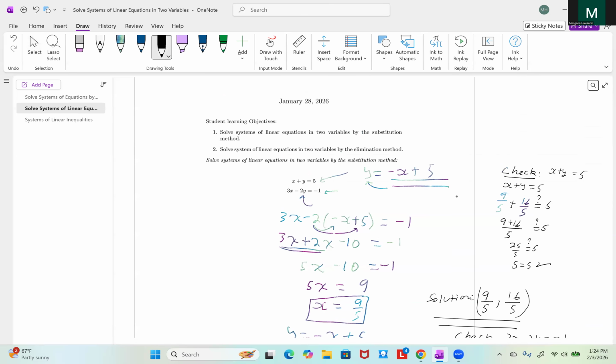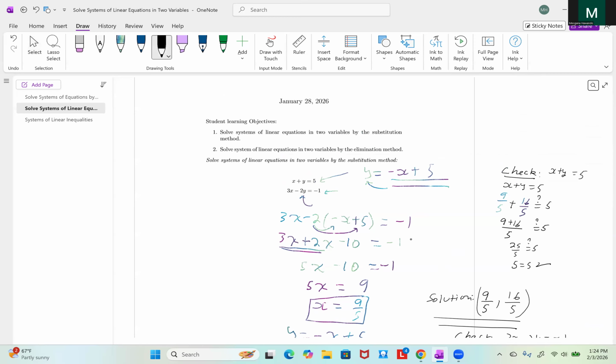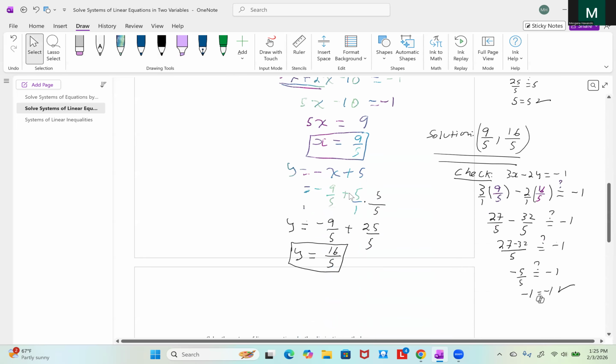And this is our solution, 9/5, 16/5. So this is what it means to solve by the substitution method. You solve one of the equations in the system for one of the variables and replace that variable in the second equation. Then we get an equation in one variable, and we can solve for that variable.